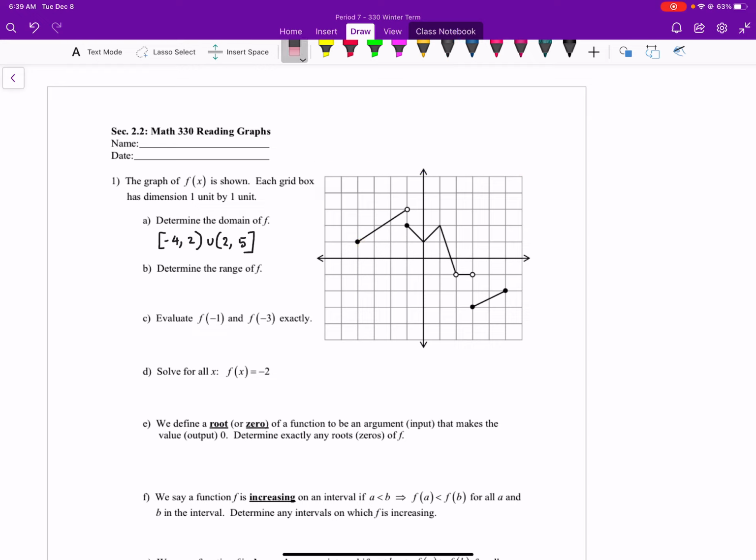The next question says find the range. Remember, the range represents all the possible y values. So I'm scanning from top to bottom on the graph to see all the y values that this function has. If I start scanning, I can see that the y value is open at the very beginning over here, so right about here the y value doesn't exist.